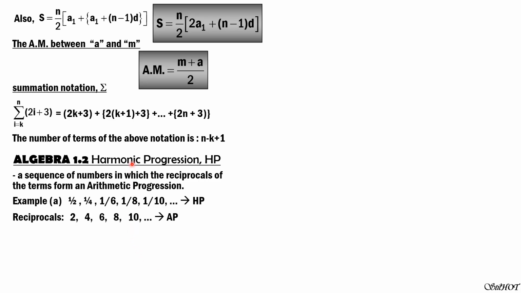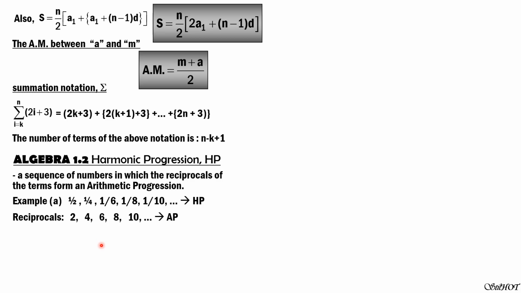To deal with harmonic progression, we cannot use a formula of its own. Instead, once detected as harmonic progression, we obtain the reciprocals, and since these reciprocals form an arithmetic progression, we use the formulas and principles developed for arithmetic progressions, and for the harmonic term, we simply obtain back the reciprocal of that arithmetic term. So that's the first example.